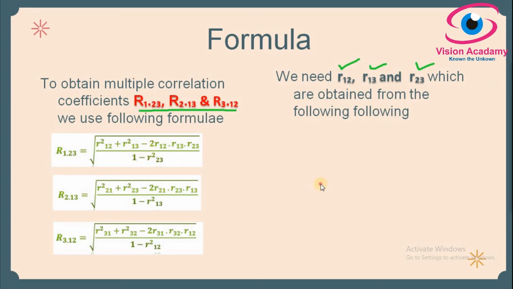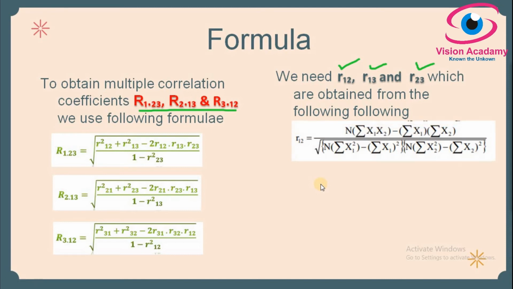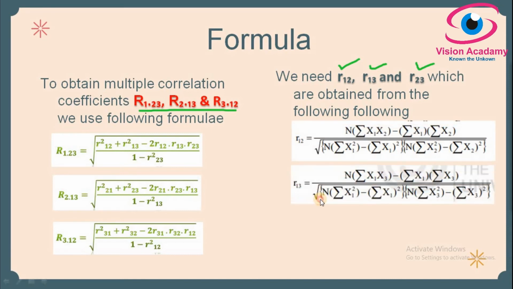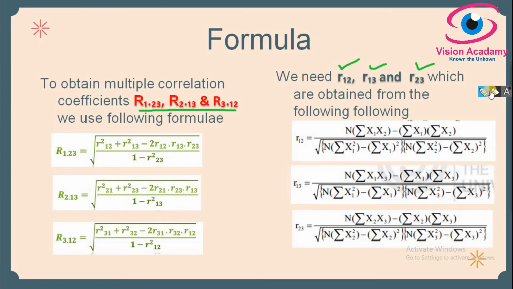For that, I explained the formulas we use to calculate R12, R13 and R23. So to apply the multiple correlation coefficient we need to obtain the total correlations R12, R13 and R23. Then we go from the basics, using the raw data given in the problem.